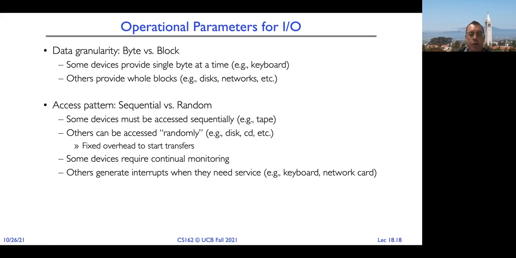Access pattern: sequential versus random. Some devices must be accessed sequentially, like a tape, and others randomly.